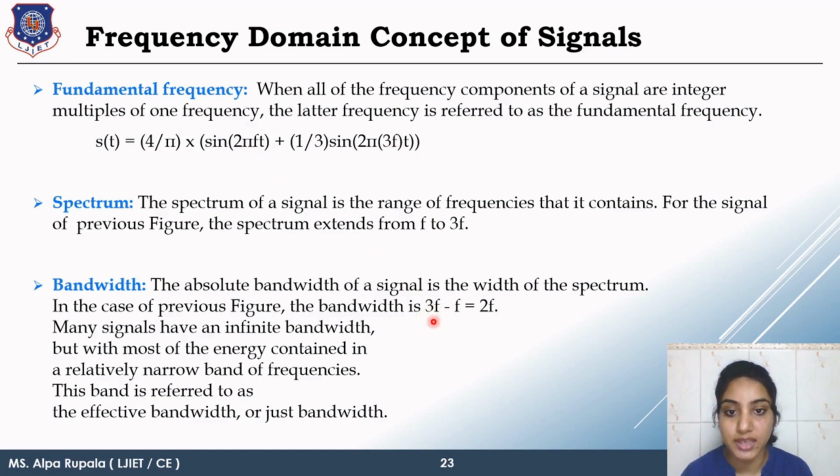So in our previous example, 3f minus f is equal to 2f, and this 2f represents the bandwidth of your signal. In the time domain, amplitude, frequency and phase can be represented on paper, but in the frequency domain we cannot represent the spectrum and bandwidth.